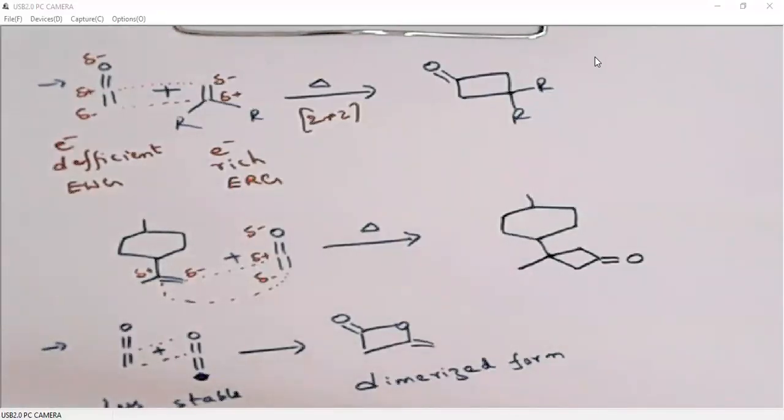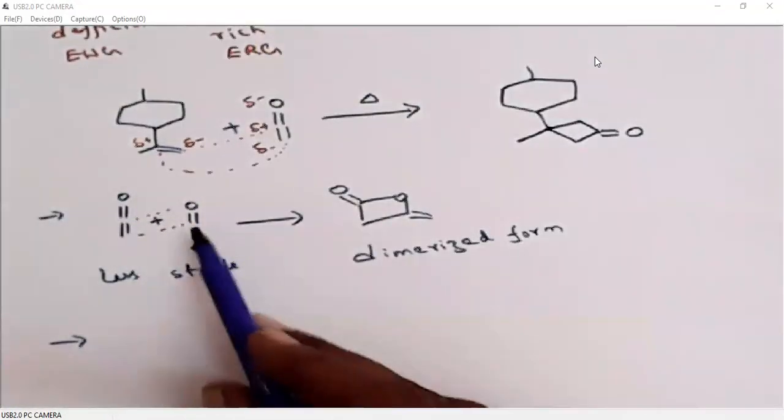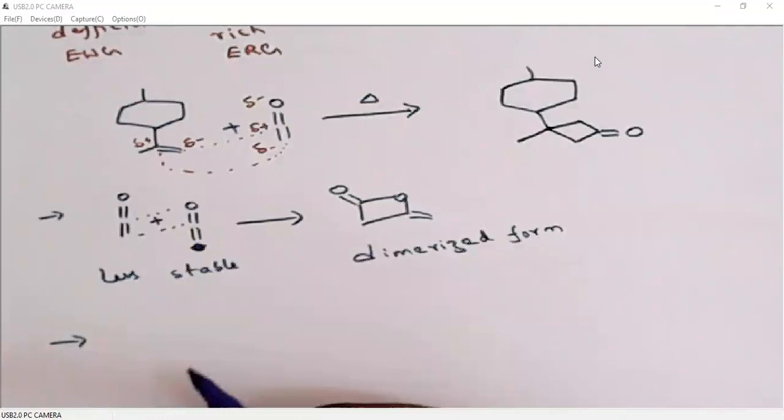Before that, we will take one more example. In this example, ketene will undergo 2+2 cycloaddition with carbonyl also. So not only alkenes, we can also use carbonyls for 2+2 cycloadditions along with ketenes.